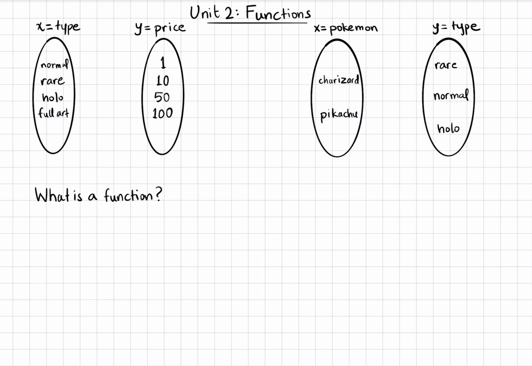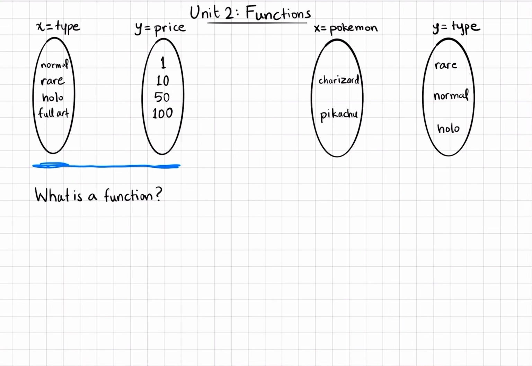So let's look at this first example here. I have written down two sets. Think of each of these oval shapes as a set that contains some items. And in my first circle, I wrote types of cards.